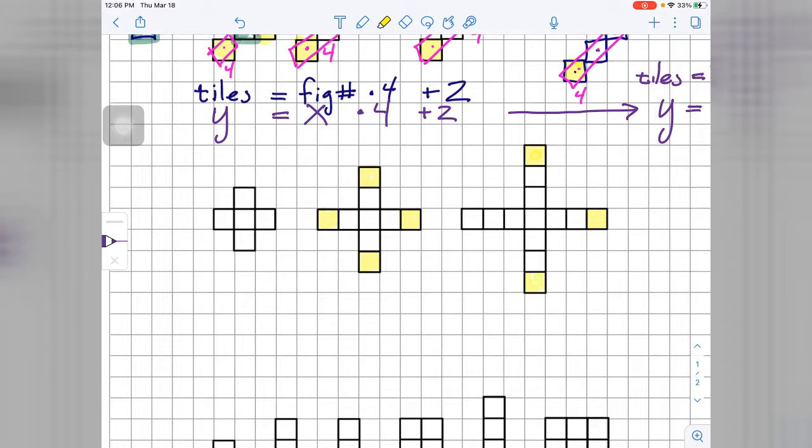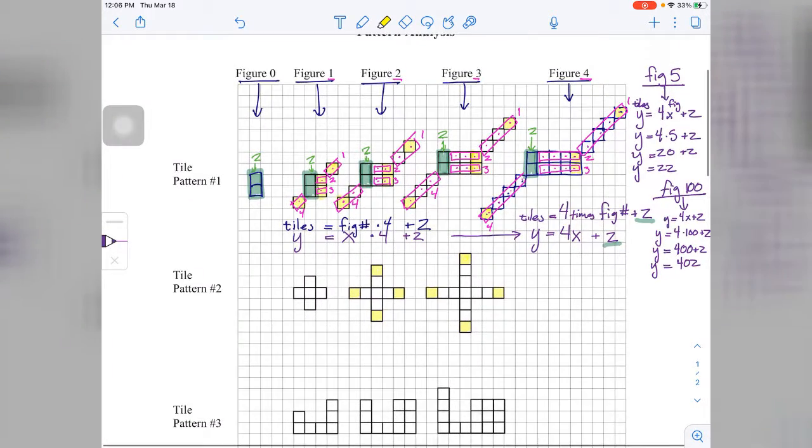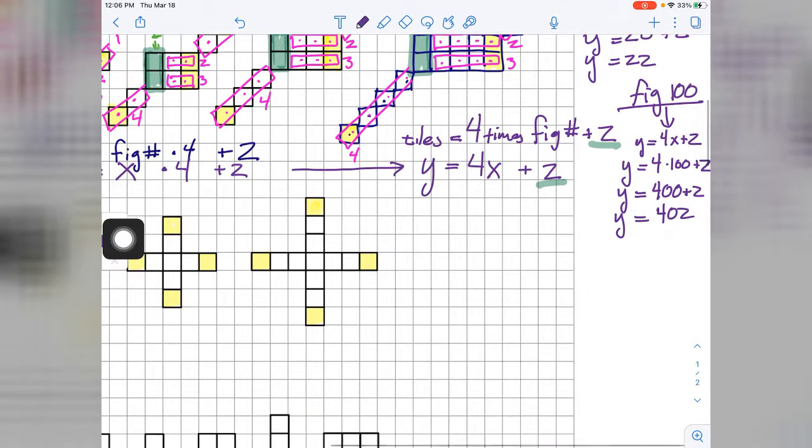Okay, I noticed that. And so if these are figures 1, 2, and 3, and I was to draw figure 4 over here, then it would look like this. I'll start on this side and go 1, 2, 3, 4. No, only 4.